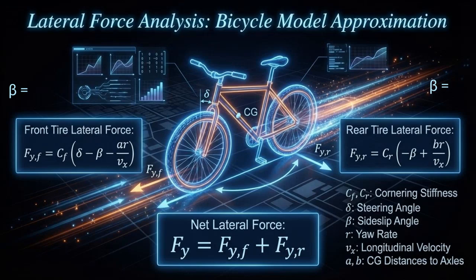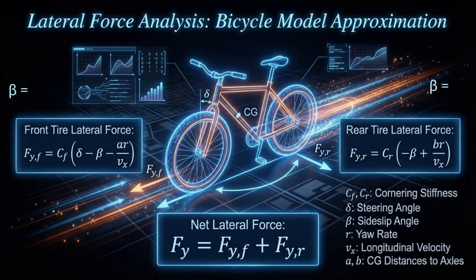To model lateral forces, we use the bicycle model, which combines the left and right tires on each axle into a single equivalent tire. The front lateral tire force depends on the front cornering stiffness, the steering angle delta, the vehicle side slip, and the yaw rate. The rear lateral tire force depends on the rear cornering stiffness, the side slip, and the yaw rate.